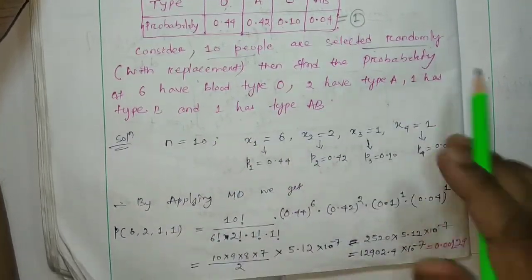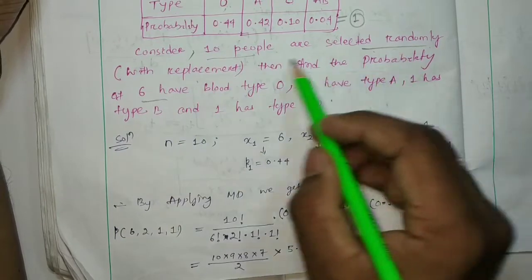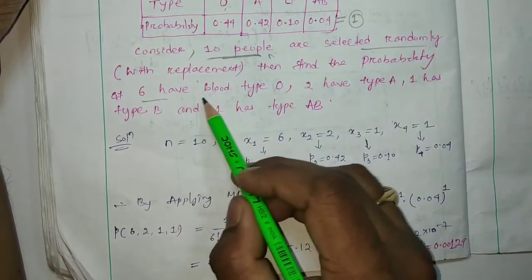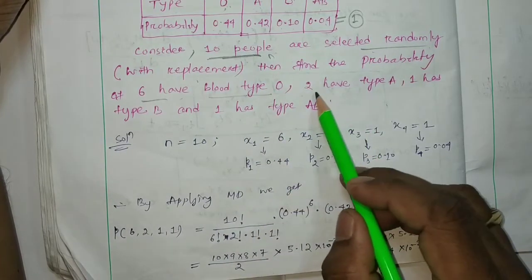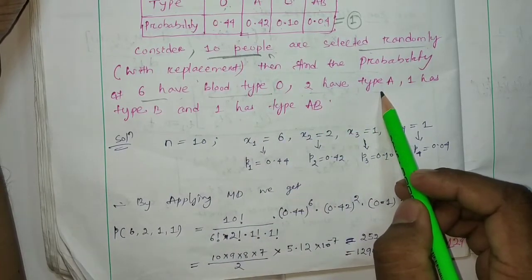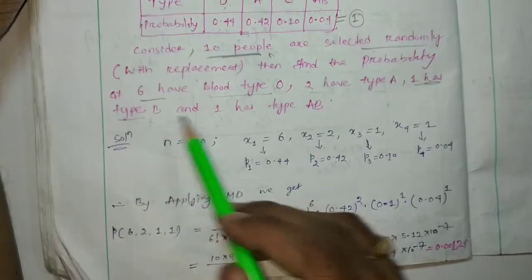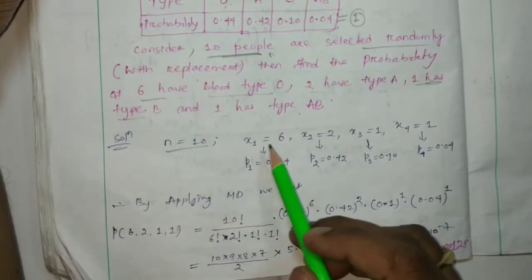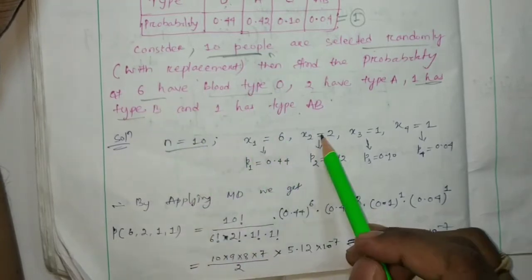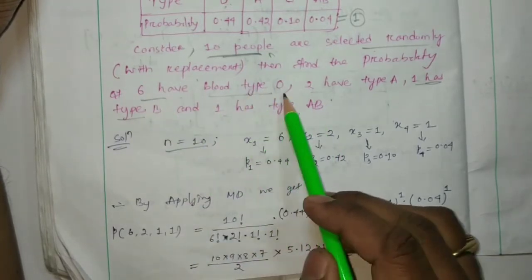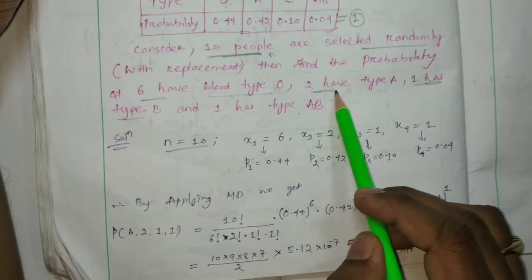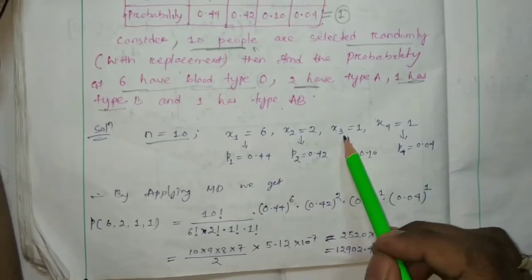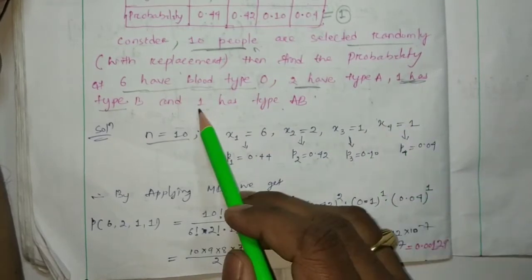Then find the probability that 6 have blood group O, 2 have type A, 1 has type B, and 1 has type AB. So here 10 people means n is equal to 10, and x1 is 6, x2 is 2, x3 is 1, x4 is also 1.